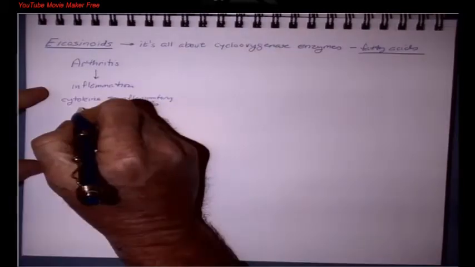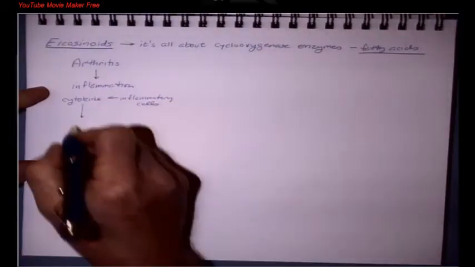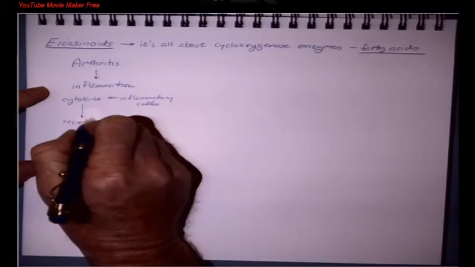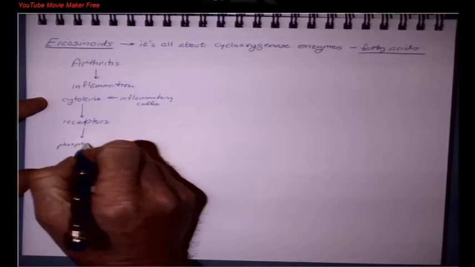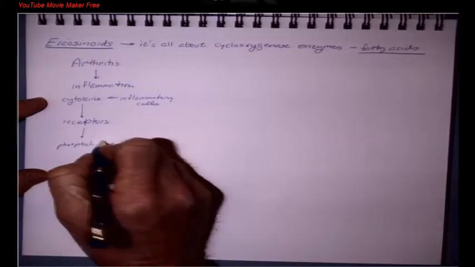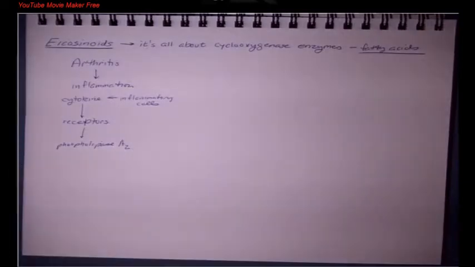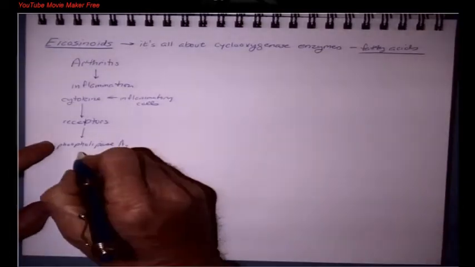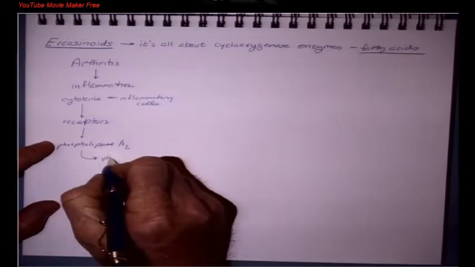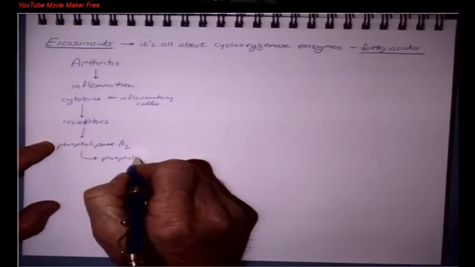So these cytokines will bind to their receptors on the cell surface, and they are going to induce phospholipase A2 activation. And this activation is going to specifically act on a phospholipid. This phospholipid is a membrane phospholipid, so it's located in the plasma membrane.